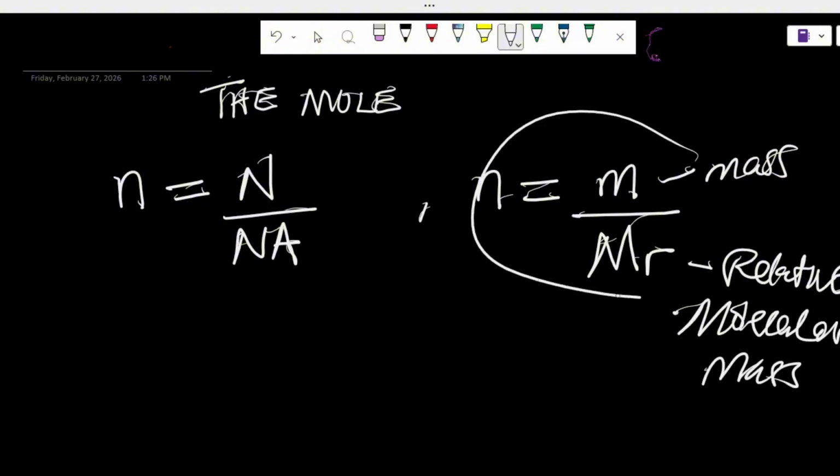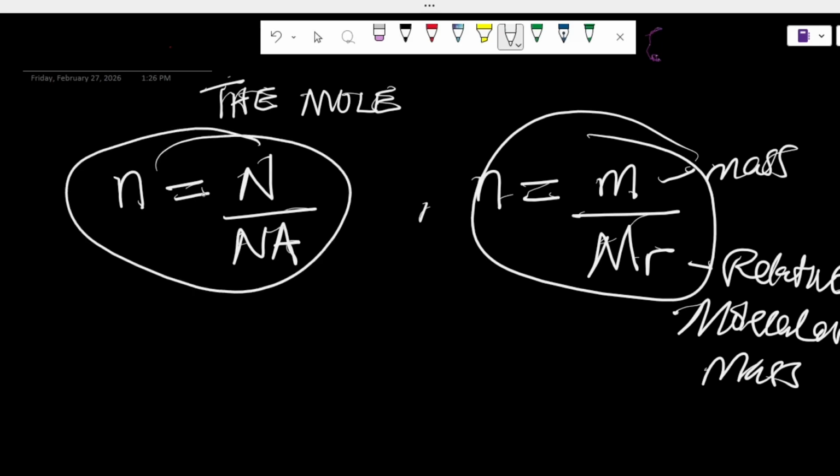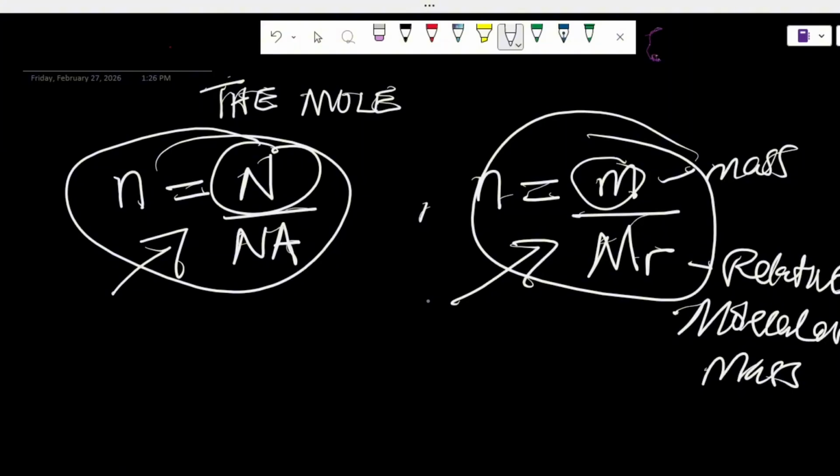So make sure that you understand these two formulas, because they are quite important. If you are trying to find the number of moles and you have the number of particles, you can use this particular formula here. If you are trying to find the number of moles and you have the mass and you can find the relative molecular mass, then you can use this particular formula. So make sure that you understand these concepts.